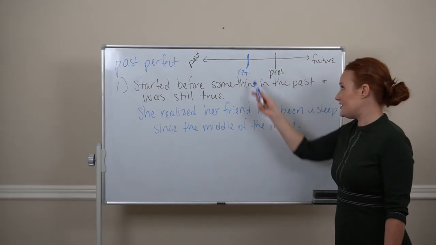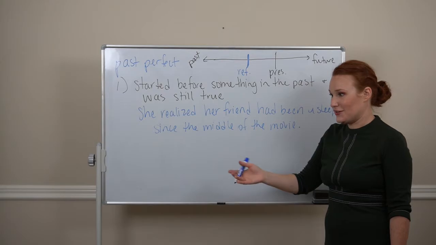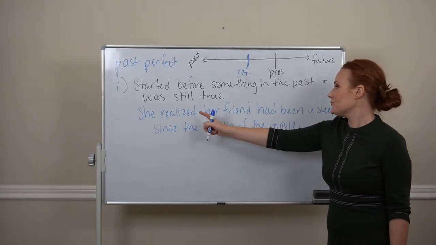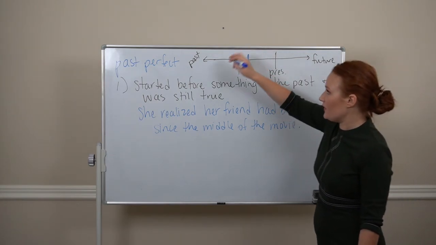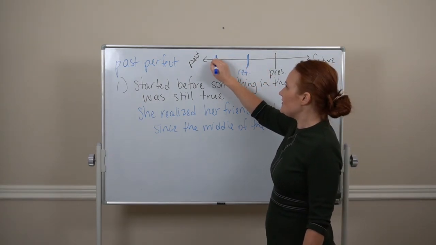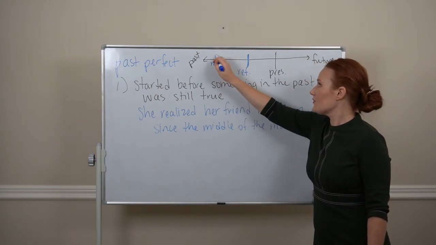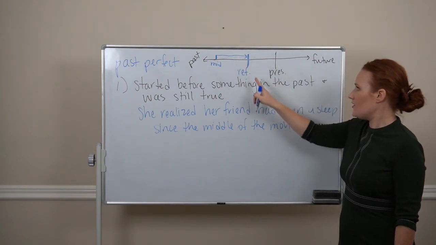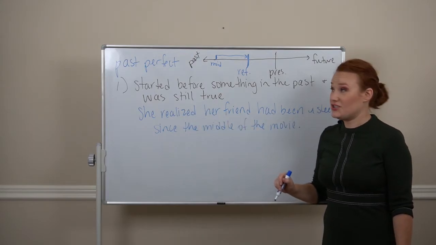So for this sentence, our reference point is the time that she realized. She looked over and, oh, she realized. So this is our time in the past. She realized her friend had been asleep since the middle of the movie. So if this is the middle of the movie, he had been asleep all the way up till this time. It was still true at this time when she realized.